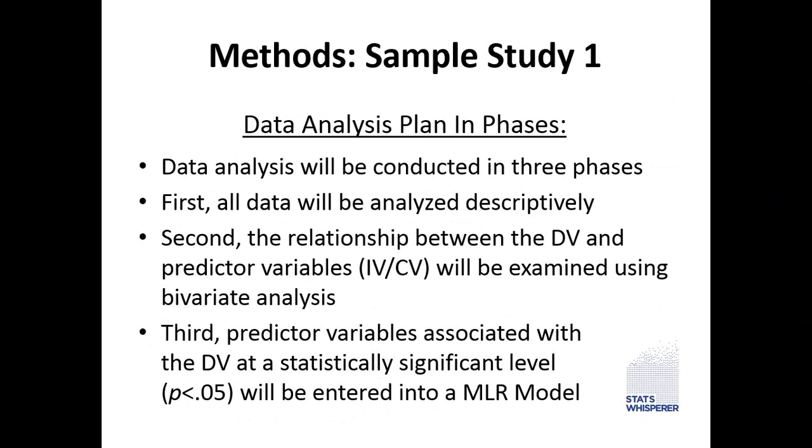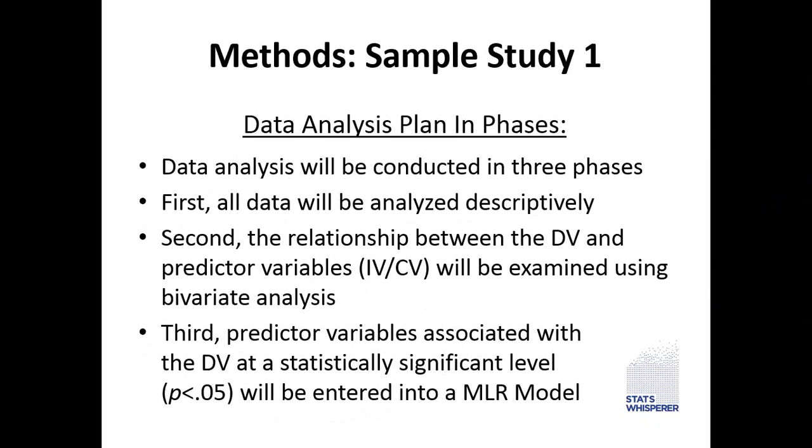So for example, for sample study 1, this is relatively simple. We say the data analysis will be conducted in 3 phases. Pretty simple, so we tell the reader there are 3 phases. First, all the data are analyzed descriptively. Second, the relationship between the dependent variable and predictor variables, which are independent and covariate variables, will be examined using bivariate analysis.